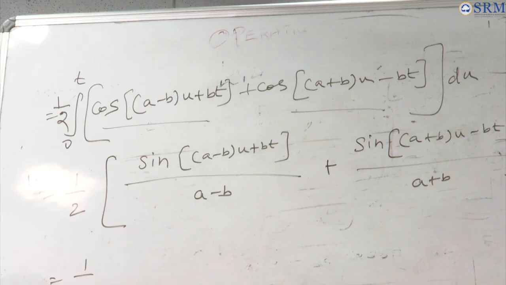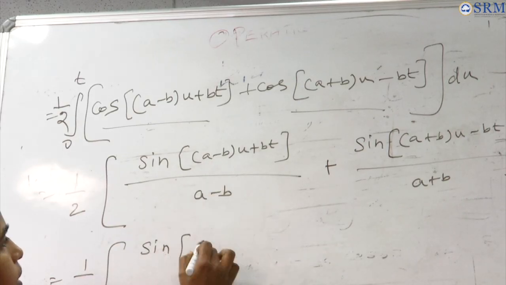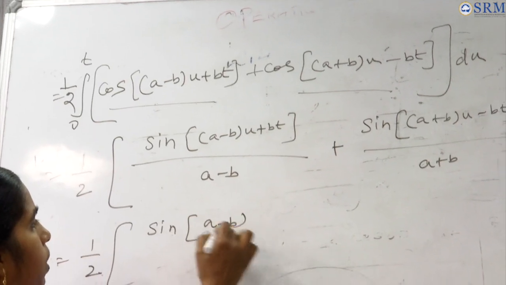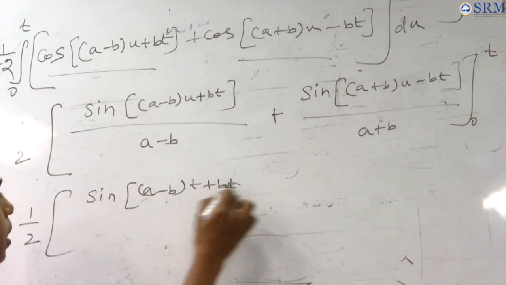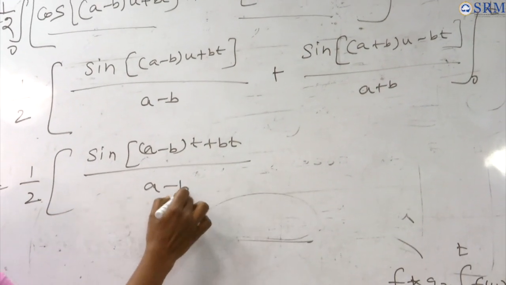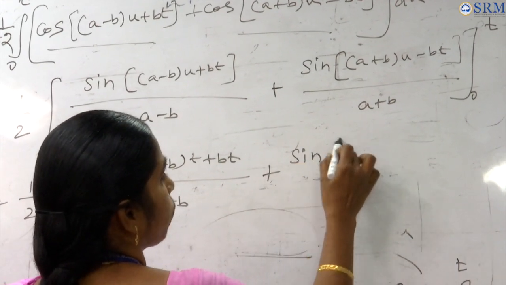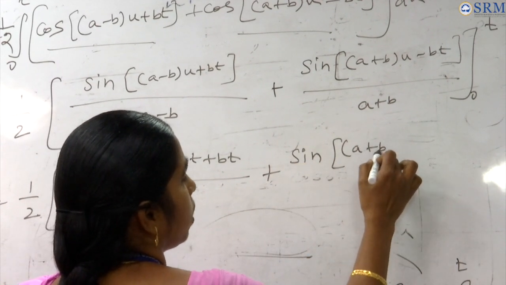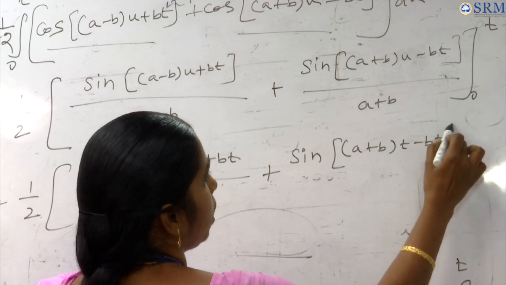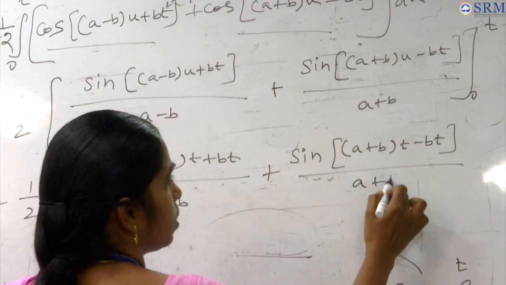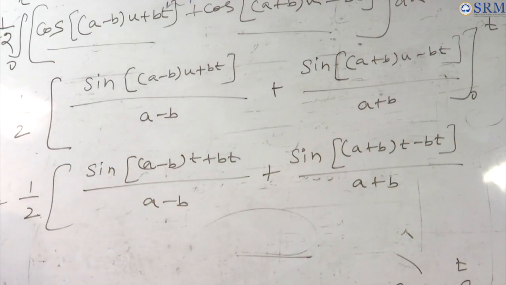So 1 by 2, u replaced by t: sin(at minus bt plus bt) divided by a minus b, plus sin(at plus bt minus bt) divided by a plus b. That is the upper limit substituted in both of them.